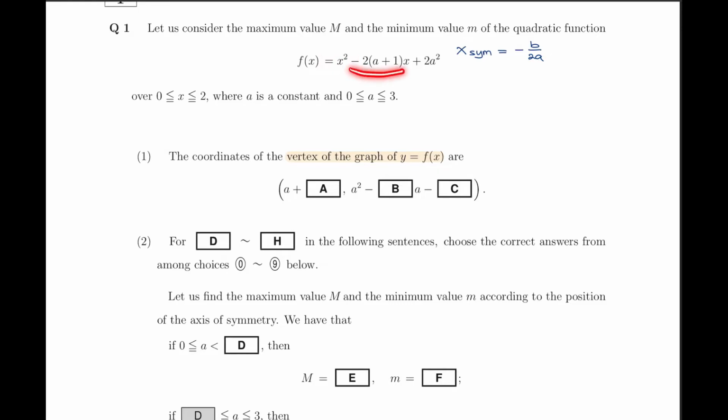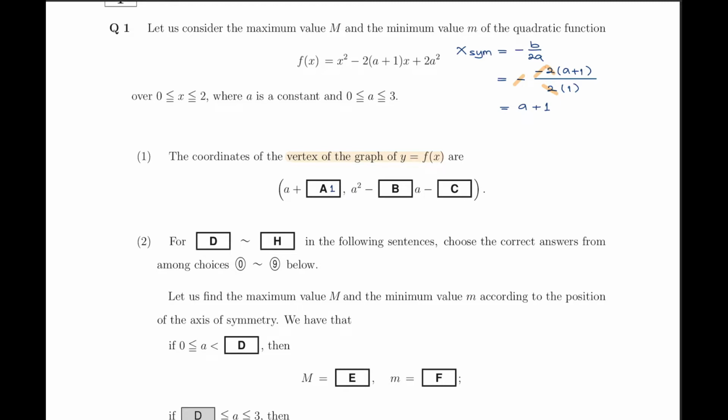The coefficient of x is negative 2 times (a plus 1), over 2 times 1, since the coefficient of x squared is 1. We can cancel out the negative sign and the 2 here, and then I got x symmetry equals a plus 1. This is the x coordinate of the vertex. So letter A here is 1.